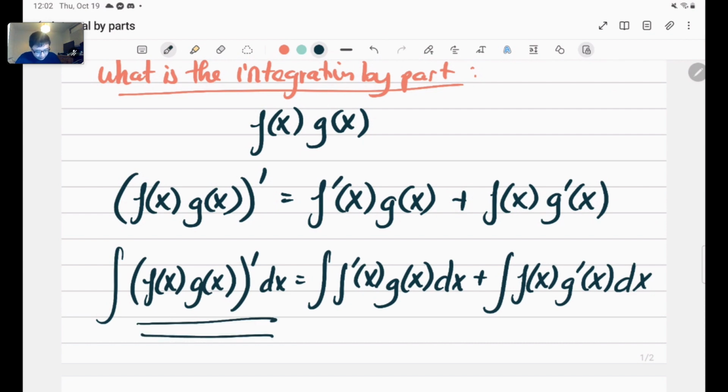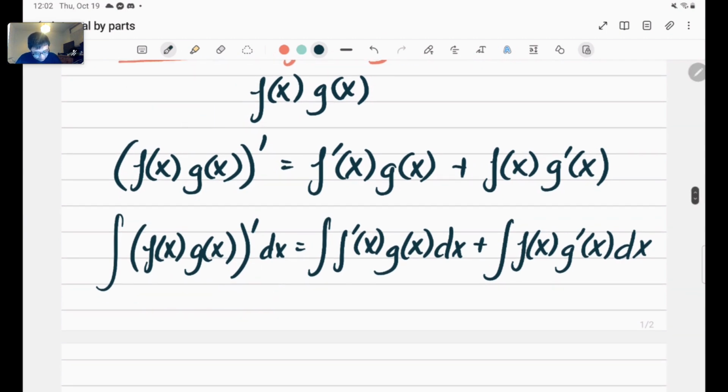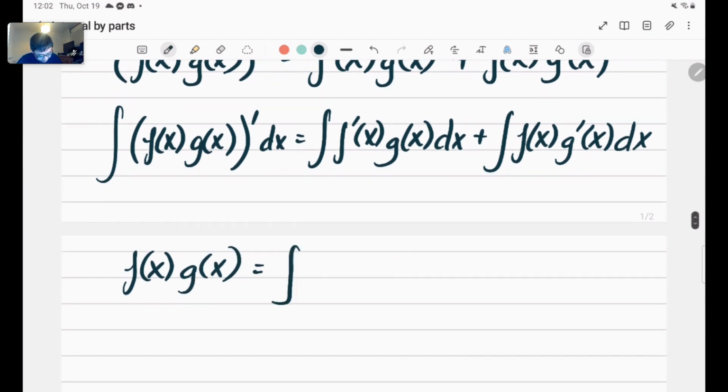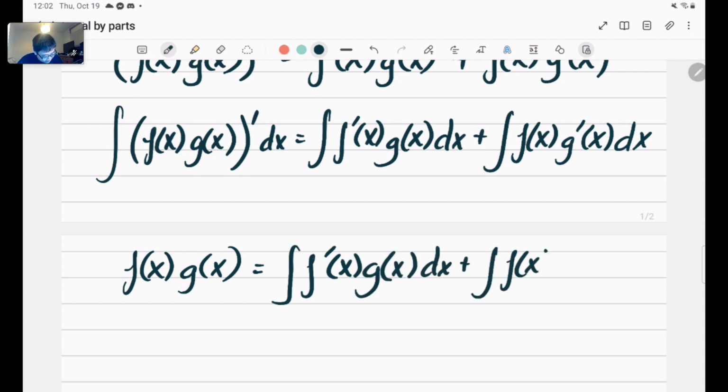The first step is you differentiate it, and then you integrate it again. So what you should be getting is the function f of x times g of x itself again. And so in the end, you have the remaining part right here. And trust me or not, this is enough to give the formula for integration by parts.